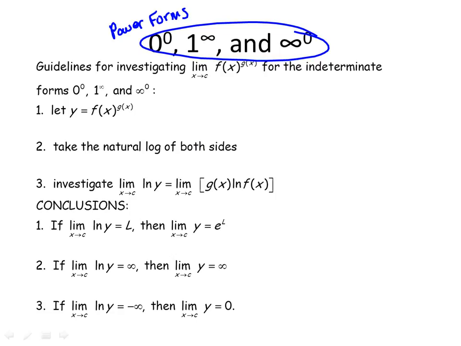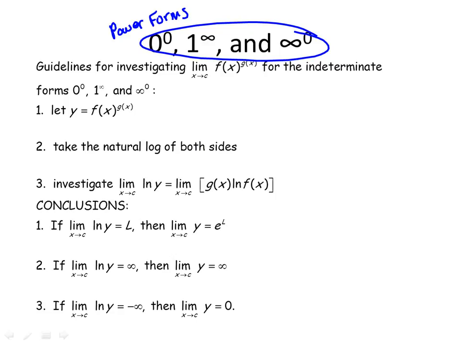Now it's very important to apply the limit because you may not come up with one of these forms. But if you do come up with one of these forms, we're going to take our function and apply the natural log to both sides. So basically what we're going to be working with is the right-hand side, so don't really worry about the left-hand side. We're going to take this and apply the natural log.